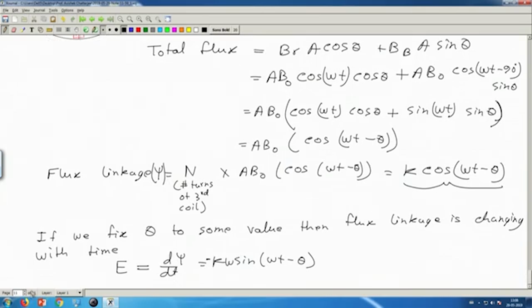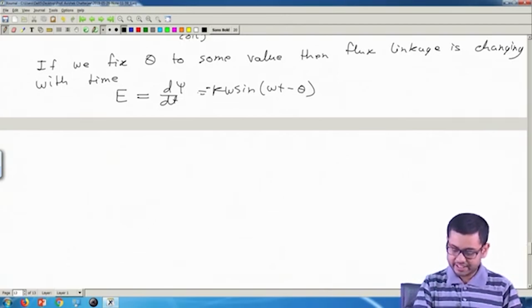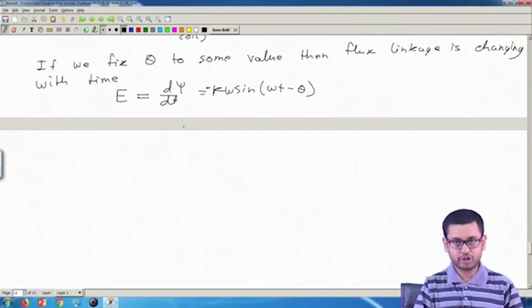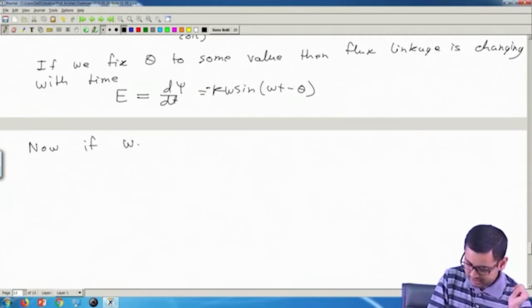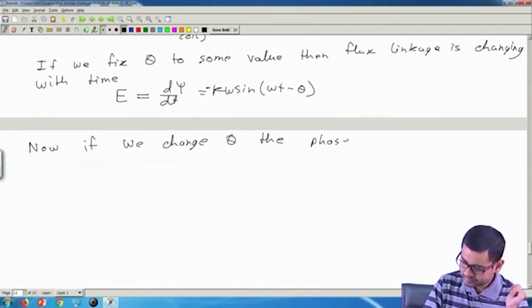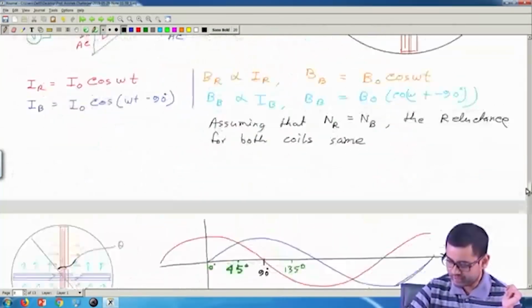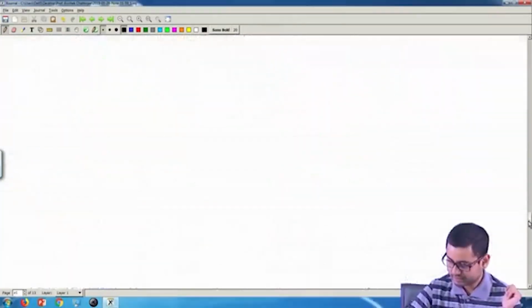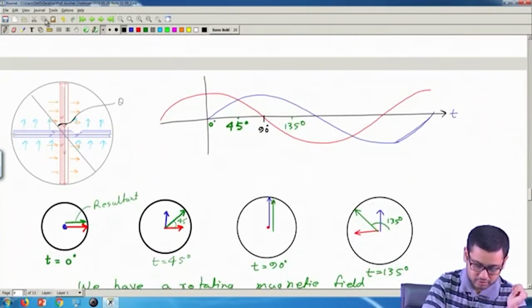But now we can also change this theta, and therefore the phase angle of E will also change.